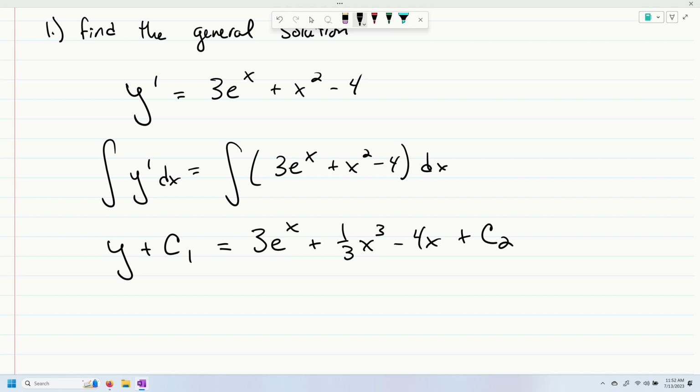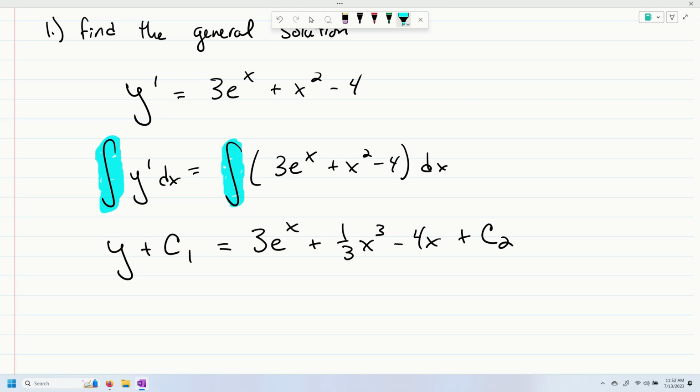All right. Now, we're able to integrate both sides because the term y appears by itself, which is key. So we could do this right here, because the y term is on the left-hand side.